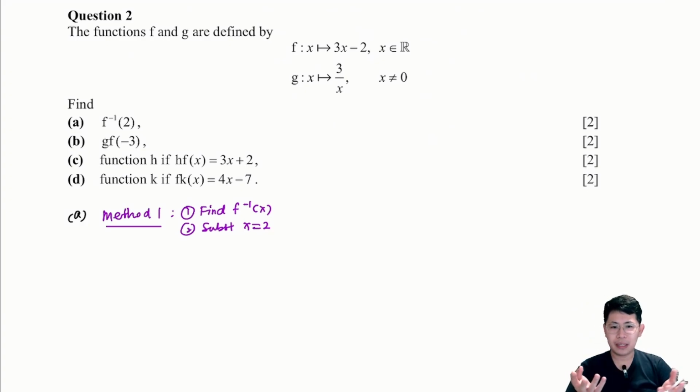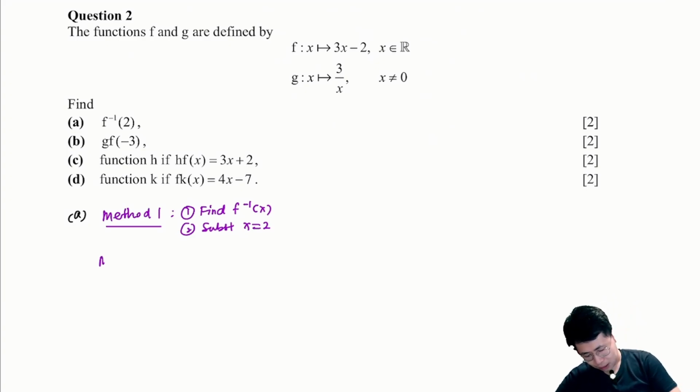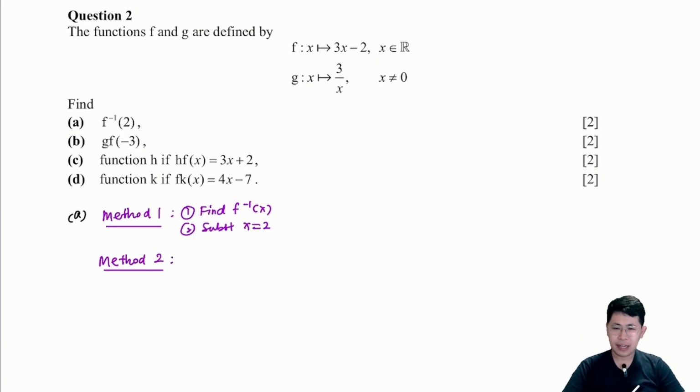That will be a very easy task for this question, but I'm going to share with you method 2 instead, for a case where f inverse is not easily obtainable. Let me show you this concept.